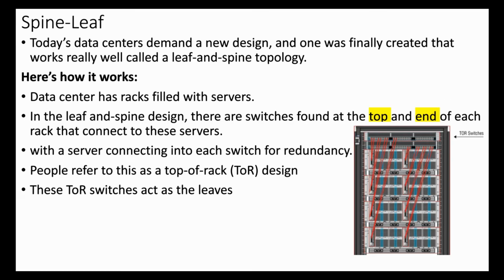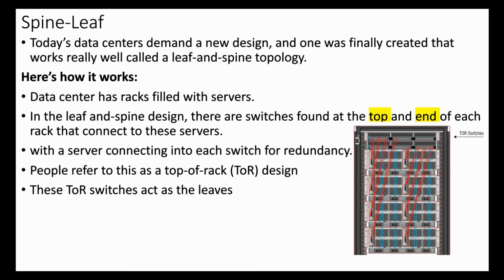Now let's talk about spine and leaf. This is another architecture, topology, or hierarchy that Cisco and other companies are using. Today's data centers demand a new design, and one was finally created that works really well, called leaf and spine technology.